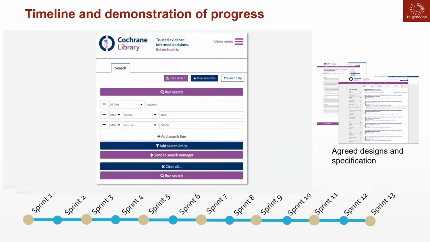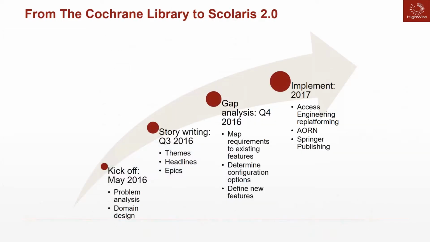And when I say interesting search, for the Cochrane Library, we're having to support several hundred lines of mix and match search. So very complicated and difficult to match up.